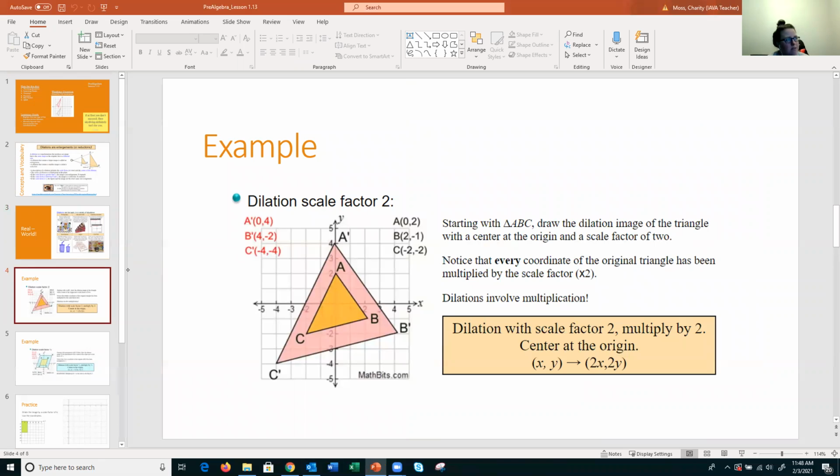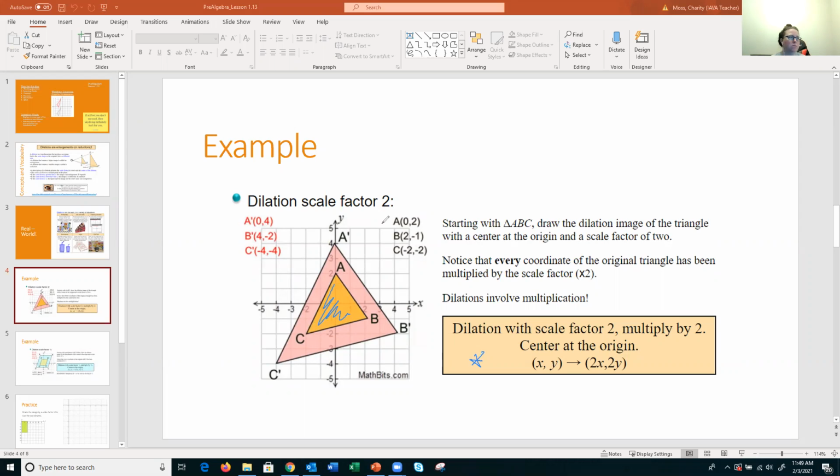This dilation is an image. It has a scale factor of 2. We talked about rules in the last couple of problems, and I wanted you guys to see that dilations have rules as well. They took this original orange triangle right here, and they made it bigger. They expanded it out. So what they did is they used this rule down here, and they just applied it to each point.